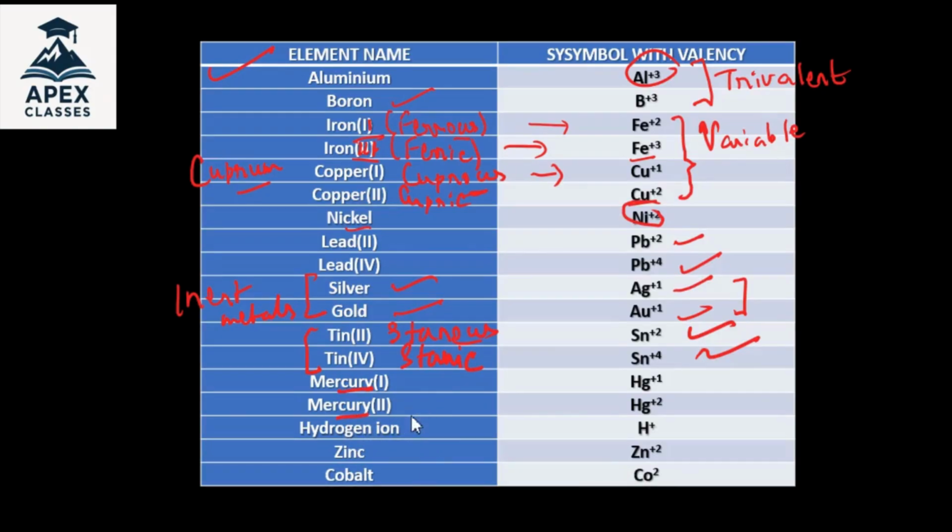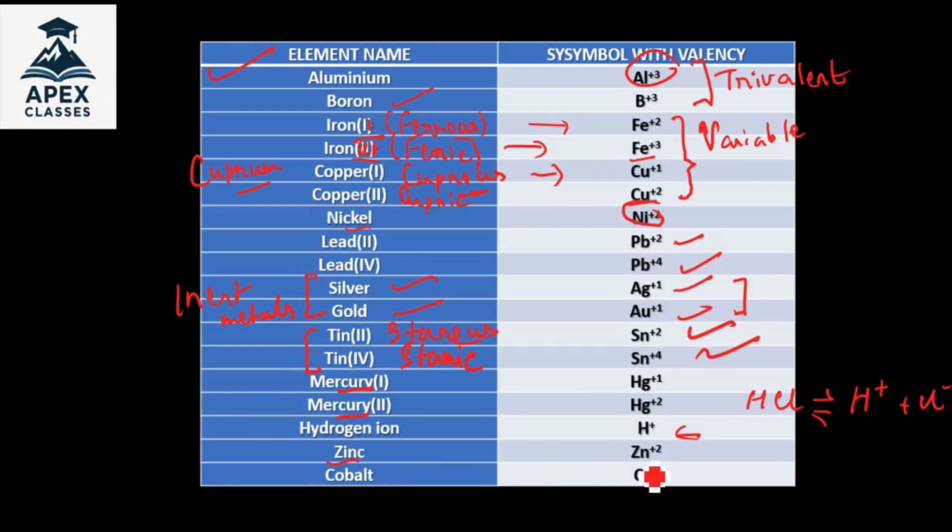Hydrogen ion, we also call it H plus. Where do we get this from? We get this from an acid. Suppose HCl, when this acid will dissociate, it will lead to the generation of H plus and Cl minus. Next comes zinc.